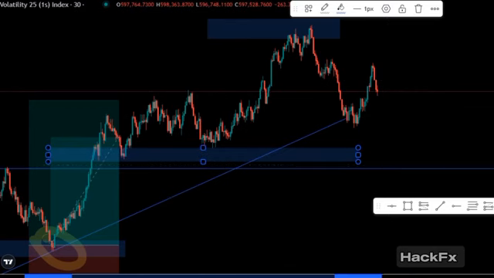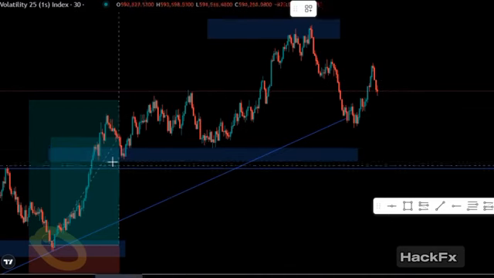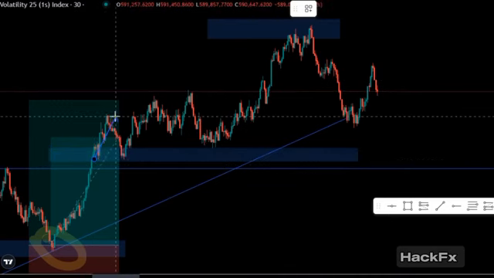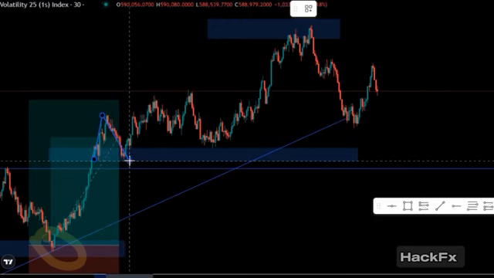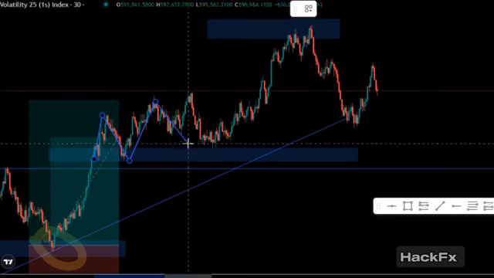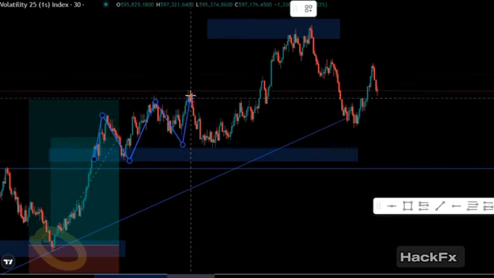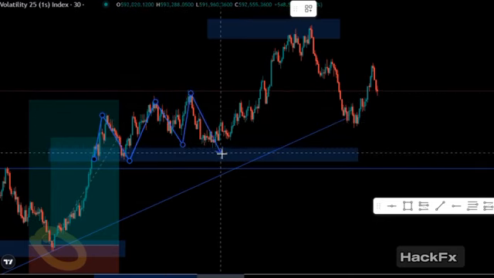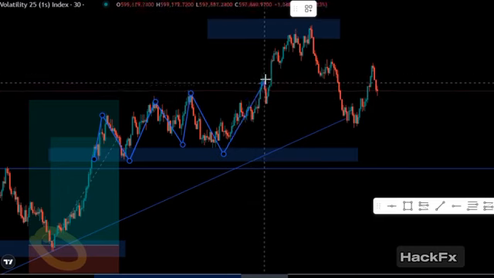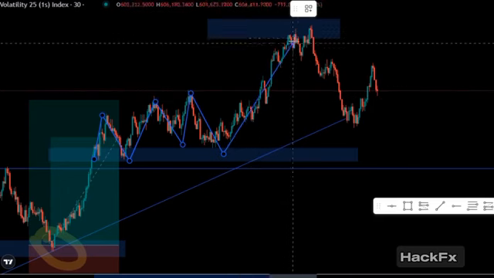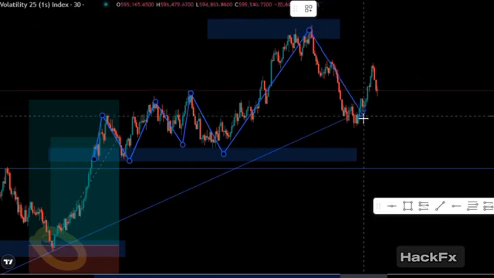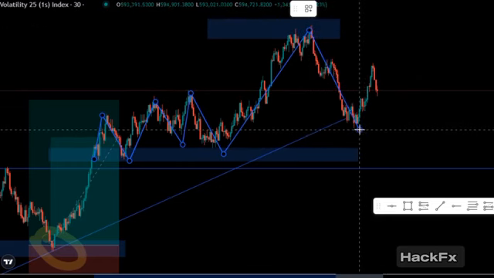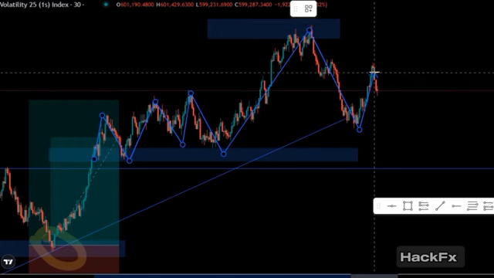See, this is just consolidation, ranging. The market is ranging, so no clear path, and it now broke out. When it broke out, it came here, and just hold on for your setup to arrive and then you take your trade.